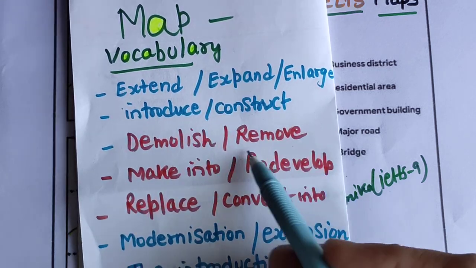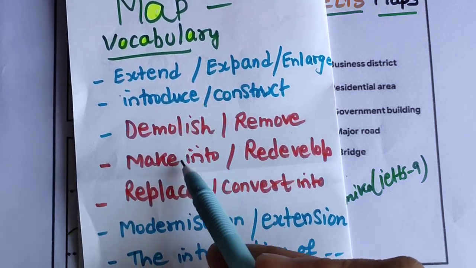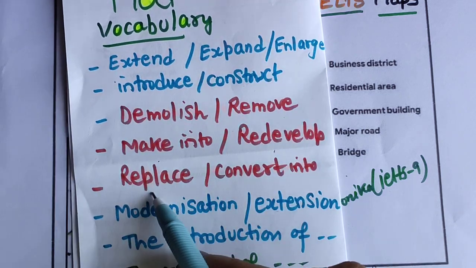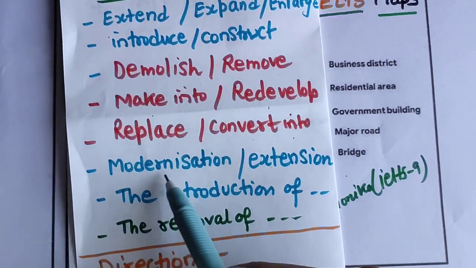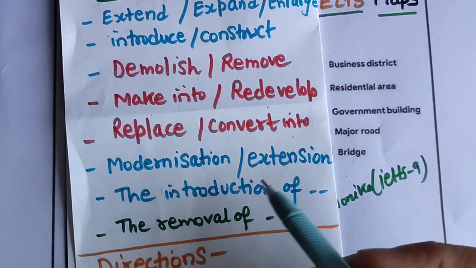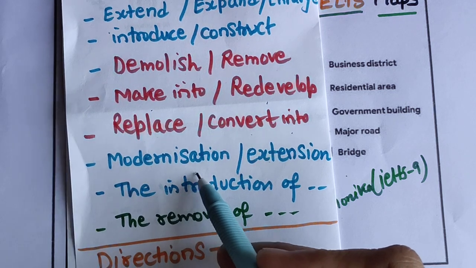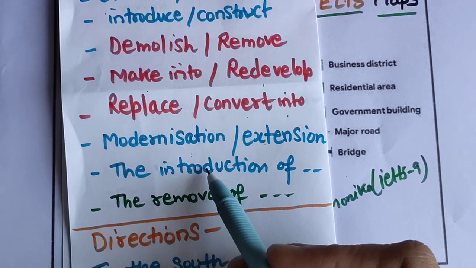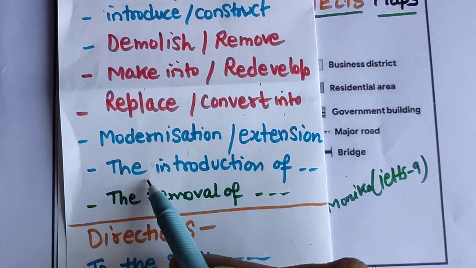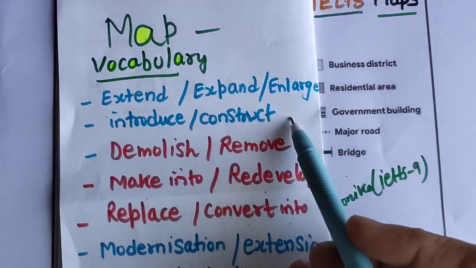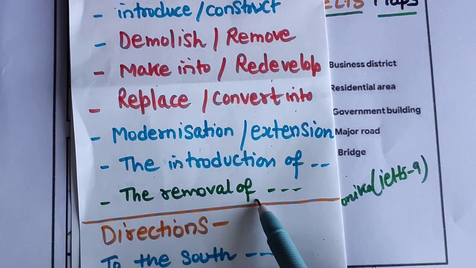Demolish means remove, and you can use these words: make into, redevelop, replaced or converted into. Modernization means something new, something refurbished, the buildings and all, that is modernization of the map. Extension: you can use the introduction of, the construction of, the removal of.